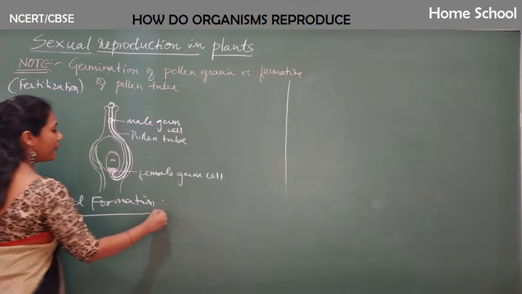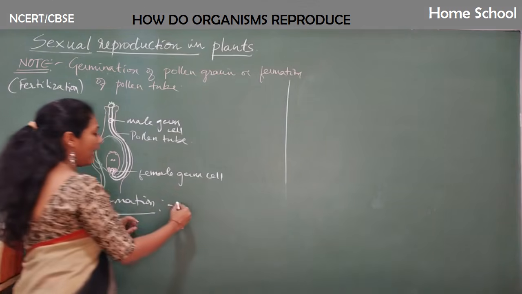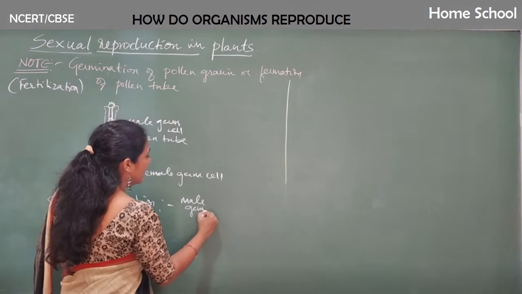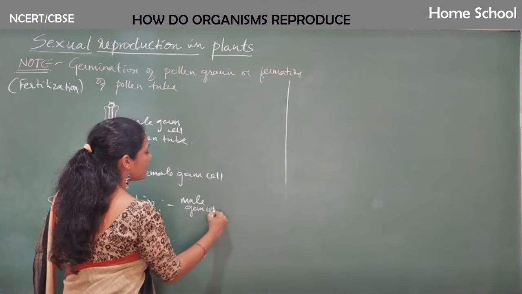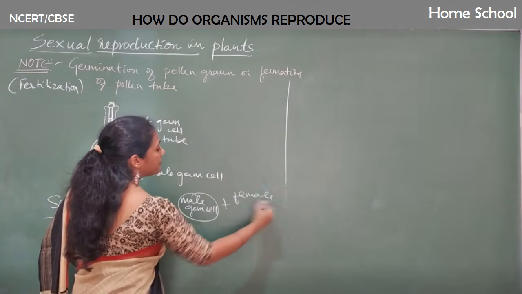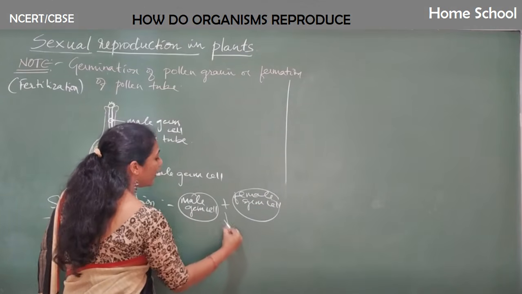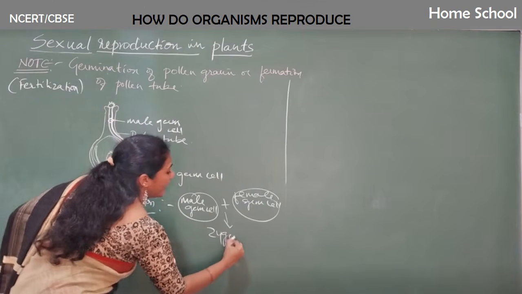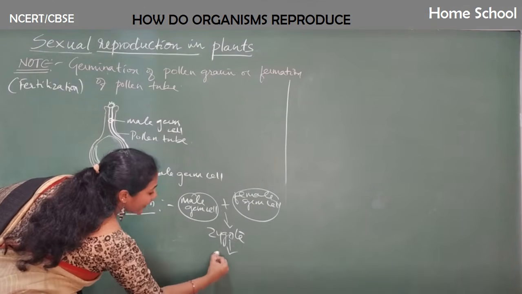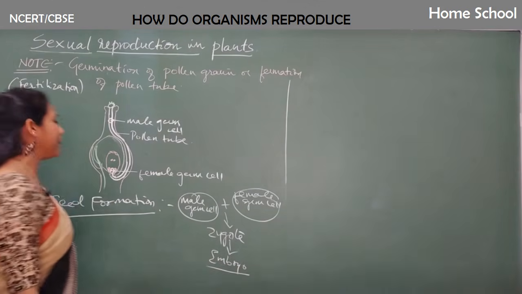What happens in seed formation is, say you now have an idea: the male germ cell combined with the female germ cell, and you got a zygote. The zygote again divided and you got an embryo.